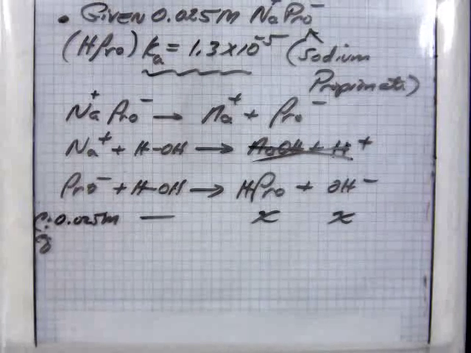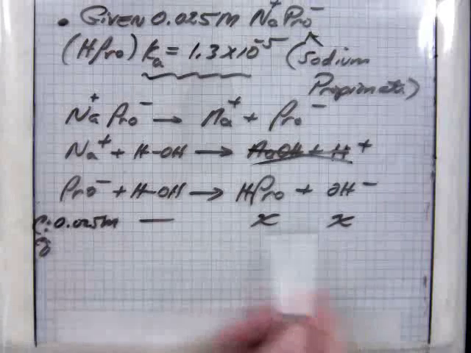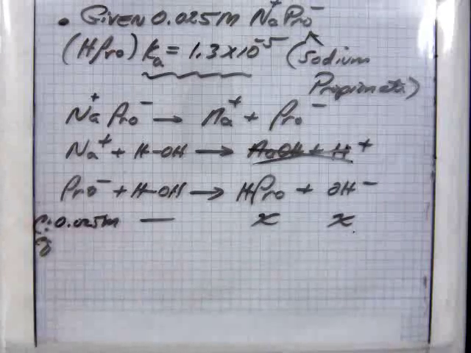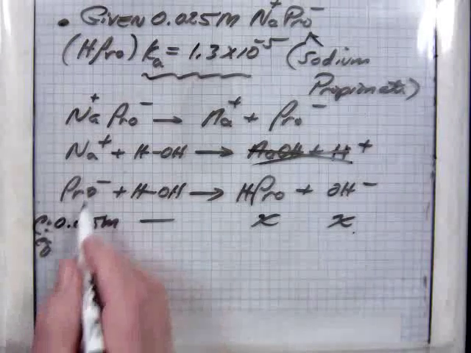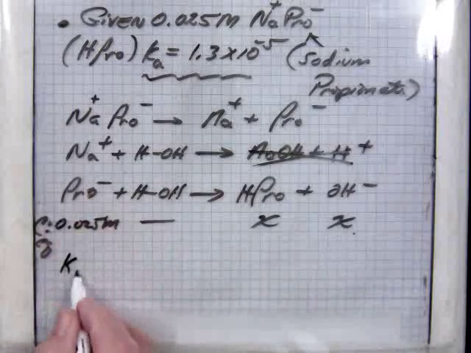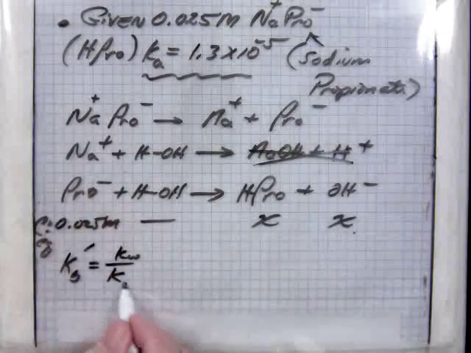So once you get comfortable with this, you'll just go straight to that equilibrium table, because all of the problems will be equal amounts. They're always 1-to-1 ionizations for these hydrolysis reactions. Always 1-to-1.